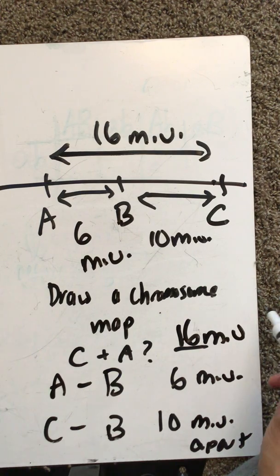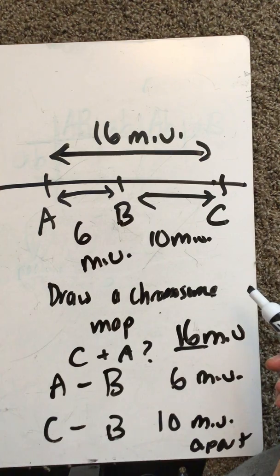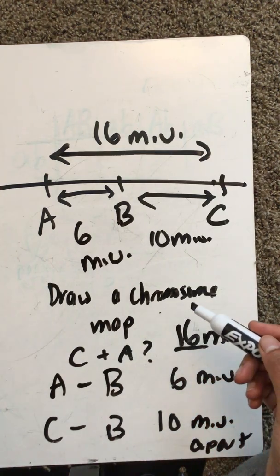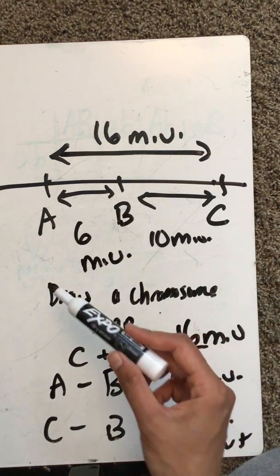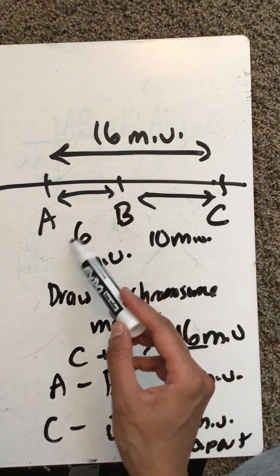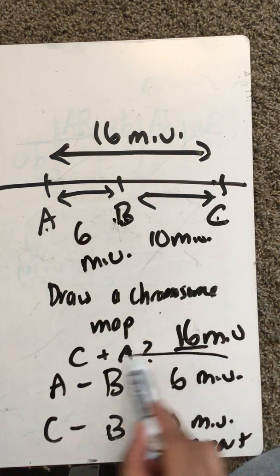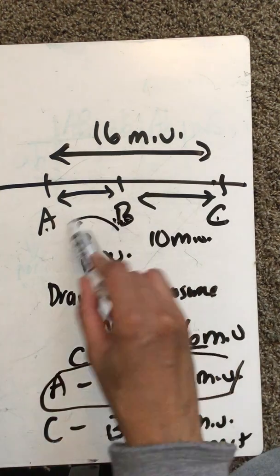All right, so I gave you a really easy question on mapping, where they give you this kind of information and you say, okay, A and B are 6, B and C are 10. So the distance between A and B was 6 map units.